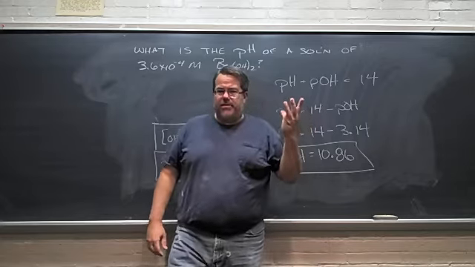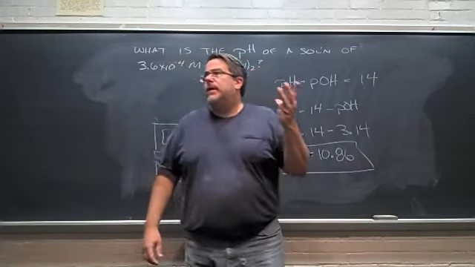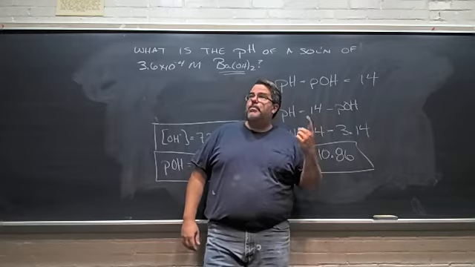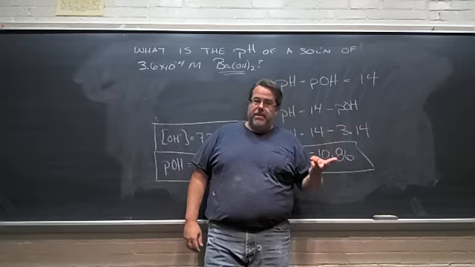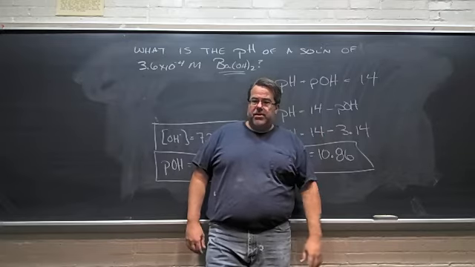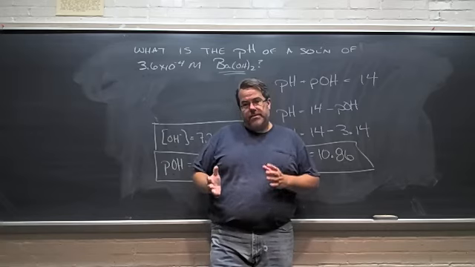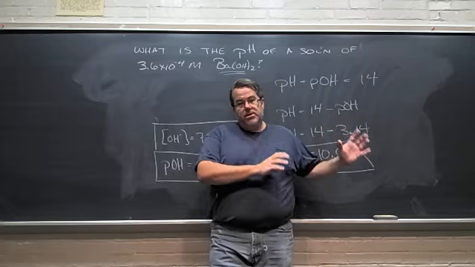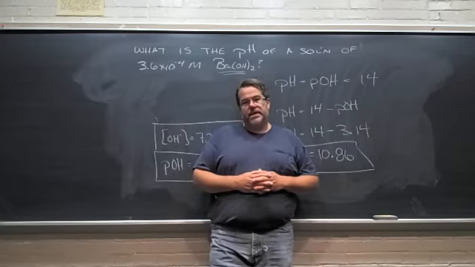You probably wouldn't encounter those. And then in group 2, not beryllium and not magnesium, but the ones below that, calcium, strontium, and barium. Those hydroxides are also strong bases. With the group 2 hydroxides, you also have to remember that each mole of base gives you 2 hydroxides instead of just 1. So you've got to remember that factor of 2 when you're doing the calculations.